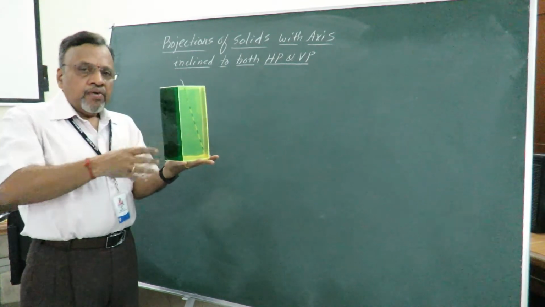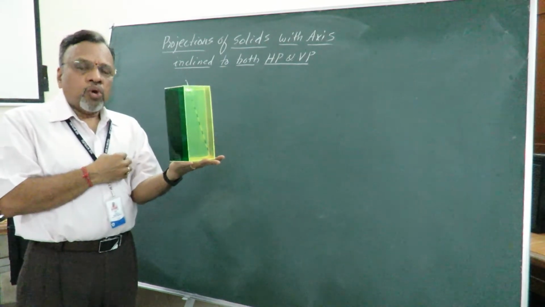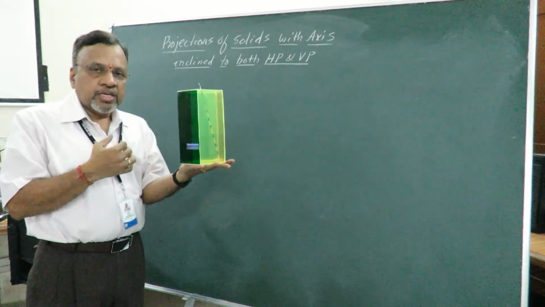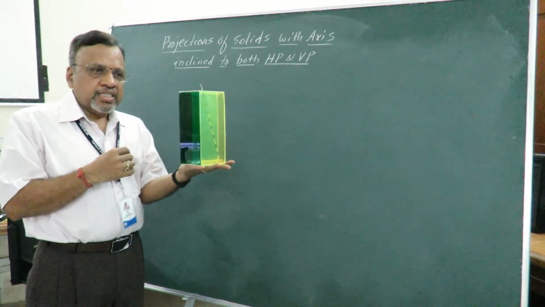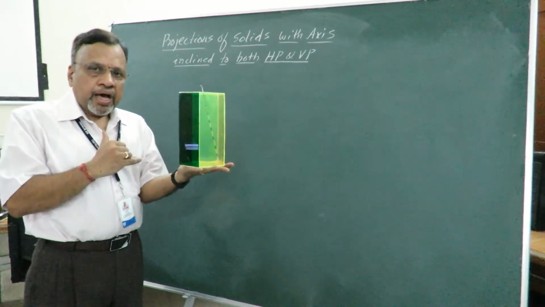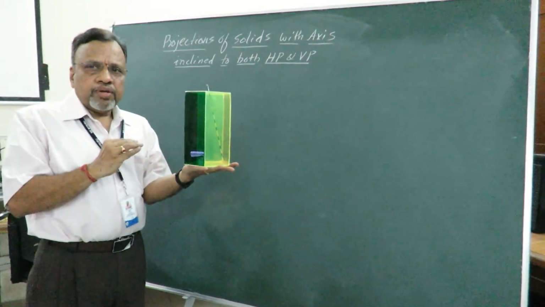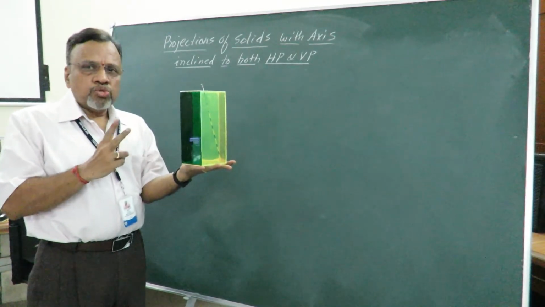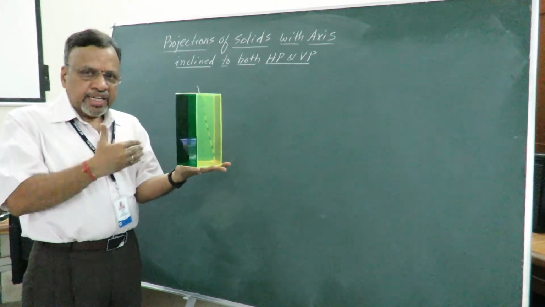Now generally, when the axis is inclined to one of the planes and parallel to other, or to be more precise, if I say axis is inclined to HP and parallel to VP, that problem can be done in two stages. That is the stage 1.